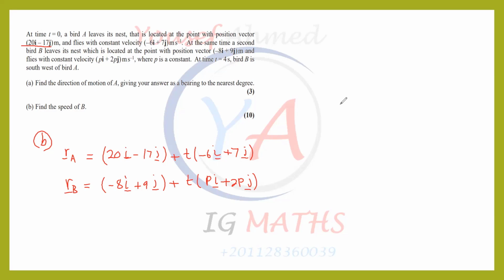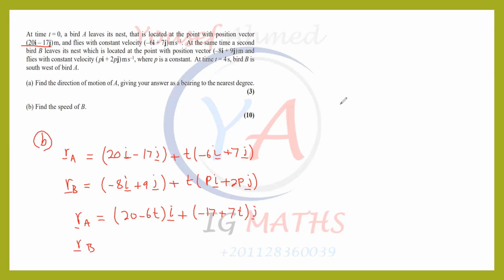Here it's mentioned after 4 seconds, so let's write RA. We'll collect the i's together, so it will be 20 minus 6t in the i direction added to negative 17 plus 7t in the j direction.